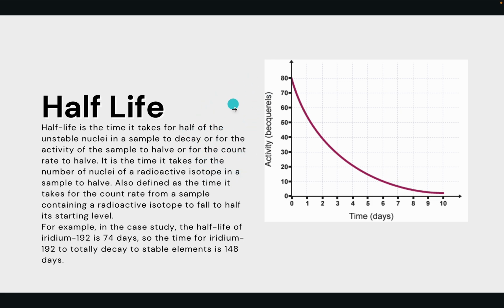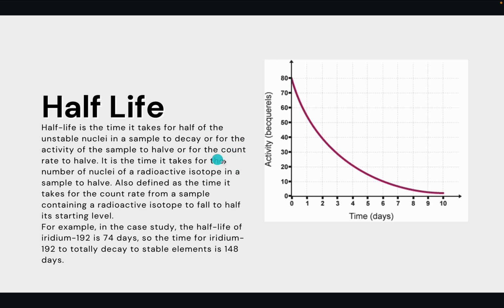But over time, a predictable pattern emerges. For example, in the case study, the half-life of iridium-192 is 74 days. So the time for the iridium-192 to totally decay to stable elements is 148 days.